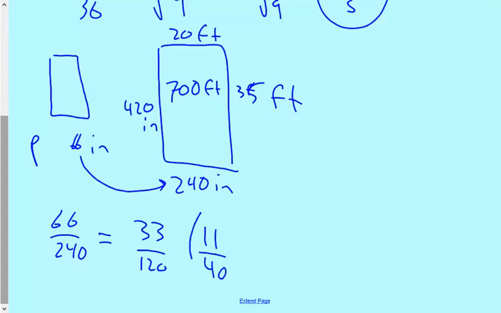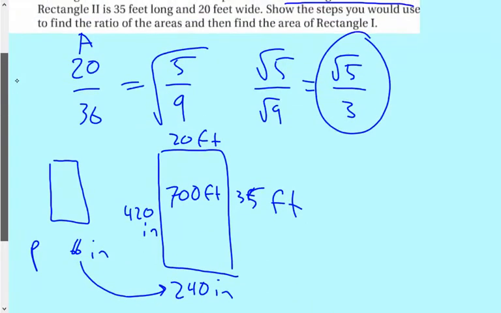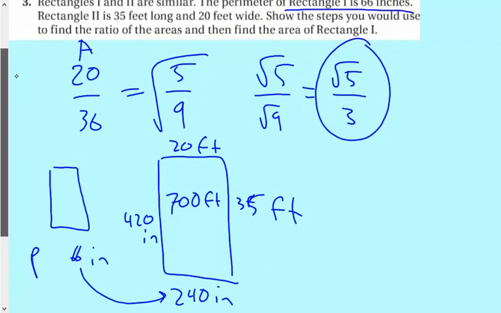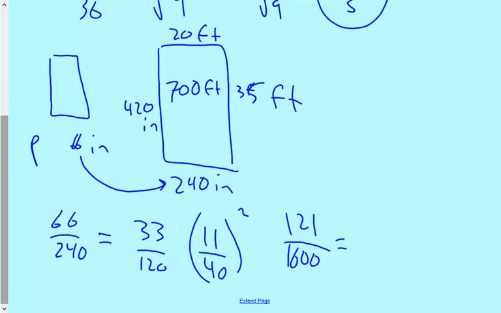If I square this, this will give me the ratio of the areas, 121 over 1600. Now, if I use 700 square feet, then my area in my other picture will be in square feet. So let's see if the question says, show the steps you use, then find the area of rectangle 1. Well, it doesn't say, so let's just do it in square feet, I guess. Area over 700. So 700 times 121.